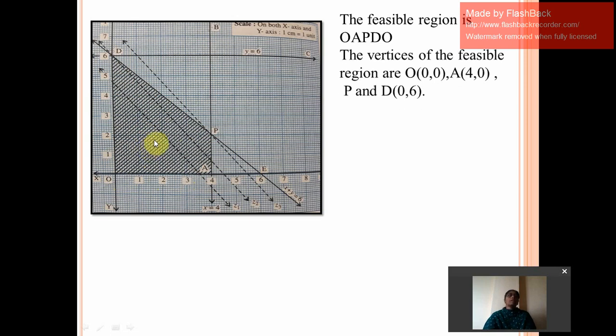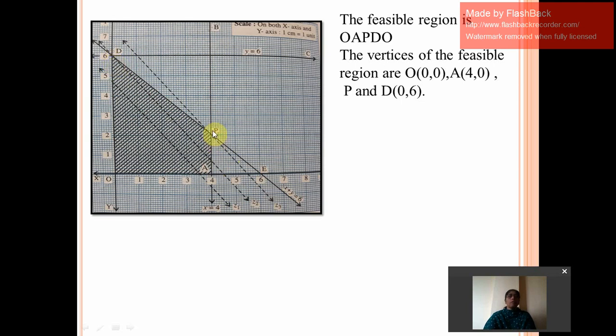The vertices of the feasible region are the origin 0, 0, and vertex A is 4, 0. Let P be the point of intersection of the line x is equal to 4 and x plus y is equal to 6, and D has coordinates 0, 6.